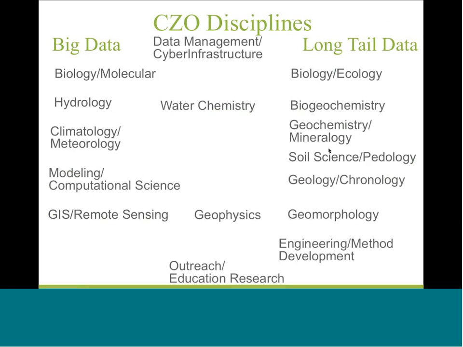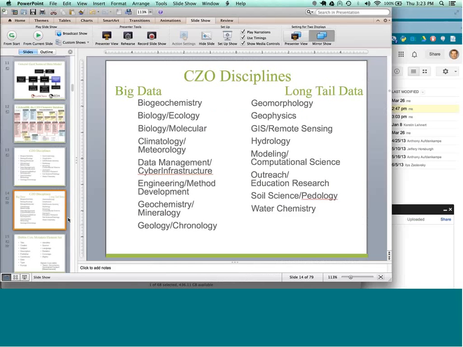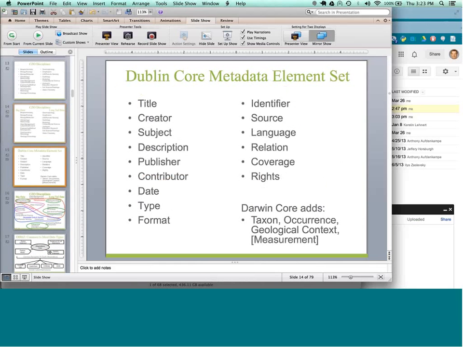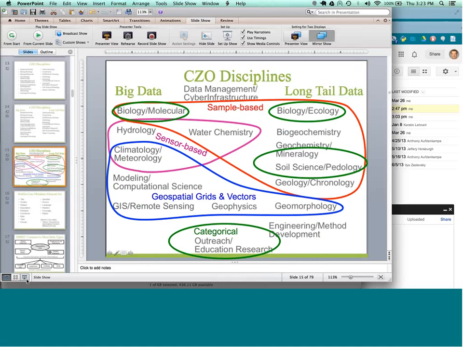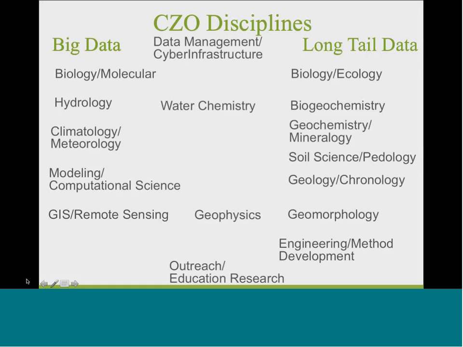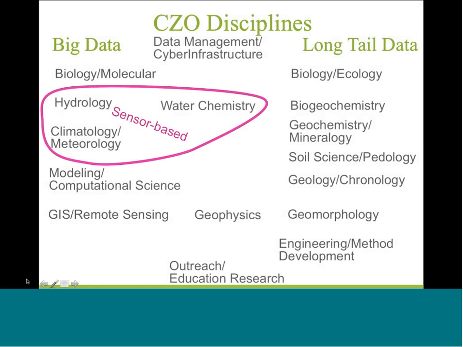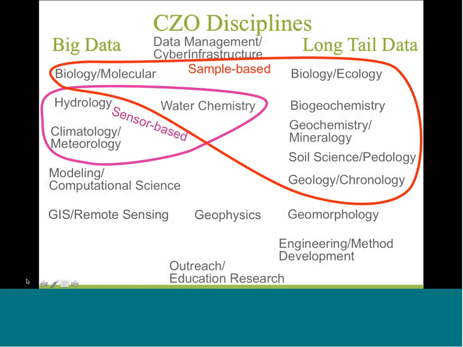You can categorize the data into these various disciplines that produce time series that might come from automated sensors in situ in the environment, or disciplines where they primarily collect specimens or samples and bring them into the laboratory for ex situ analysis.